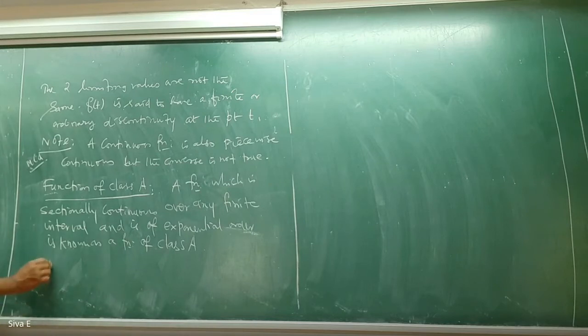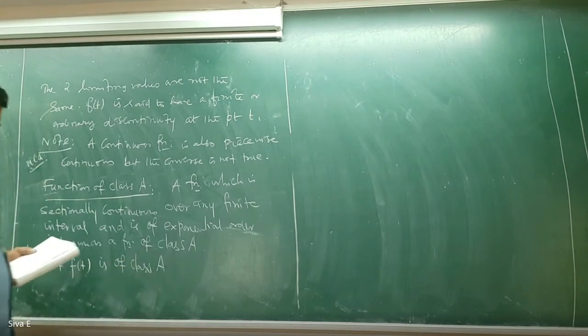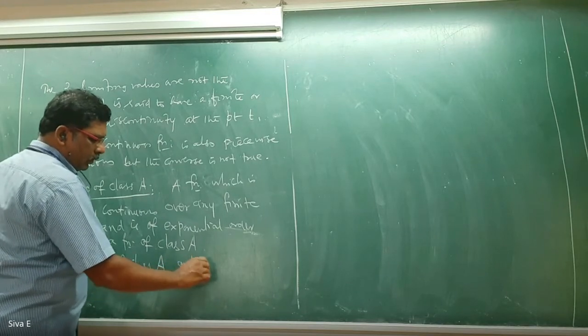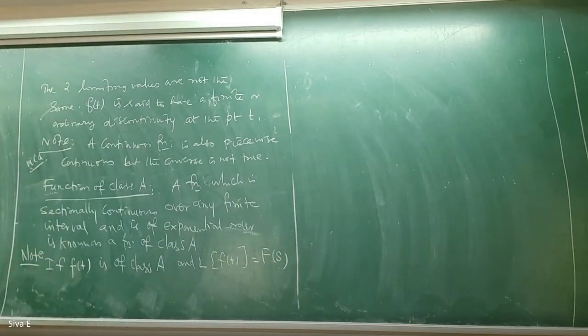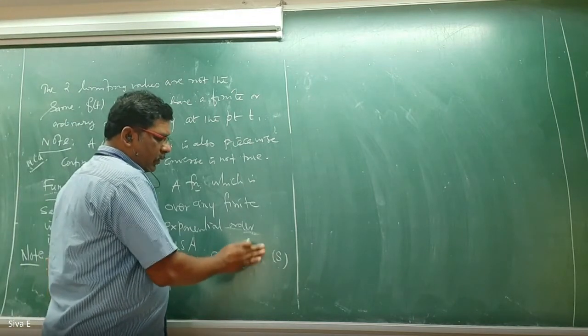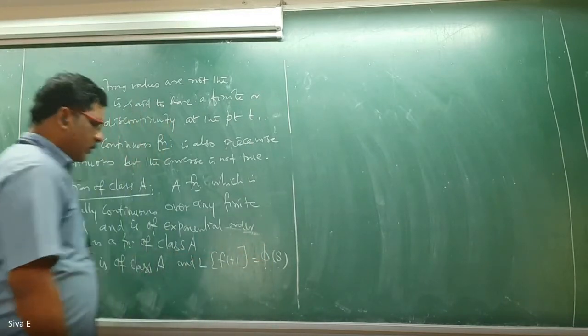Write the notes. If f of t is of class A and L of f of t equals phi of s, then: already I used the notation f of s for the Fourier transform, so here I can use phi of s for the Laplace transform.